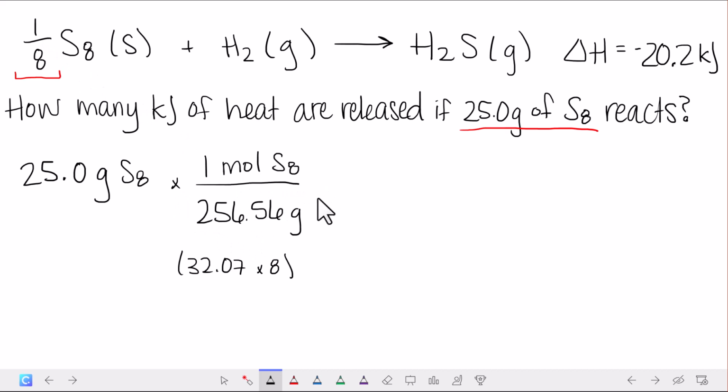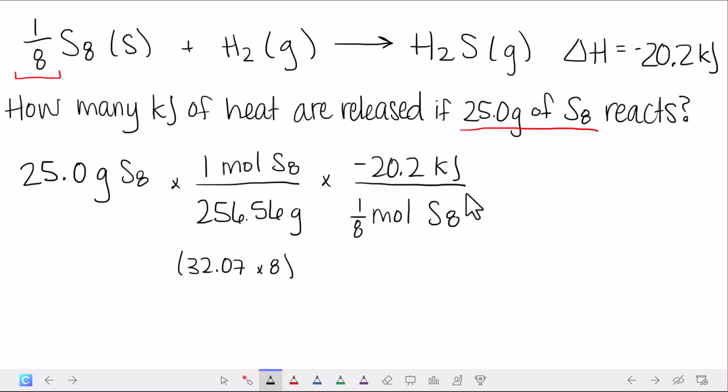And now I can use this ratio from my balanced equation. I'm trying to figure out how many kilojoules of heat are going to be released if this amount of sulfur reacts. Based on this balanced equation, I see that in this process, for every 1/8 of a mole of elemental sulfur, I have negative 20.2 kilojoules released.